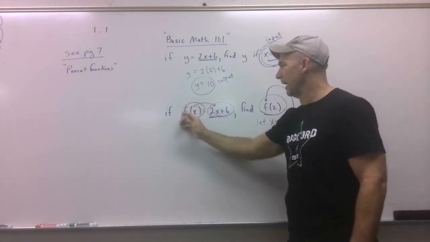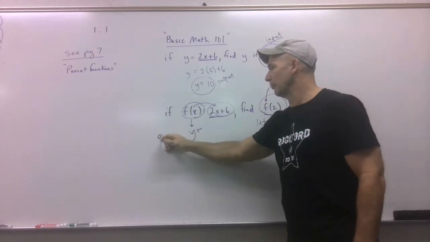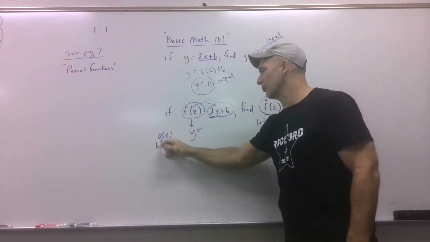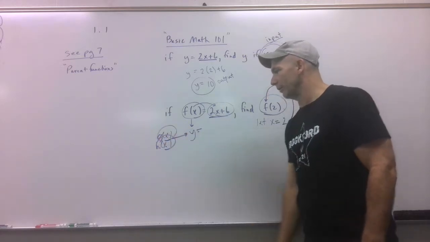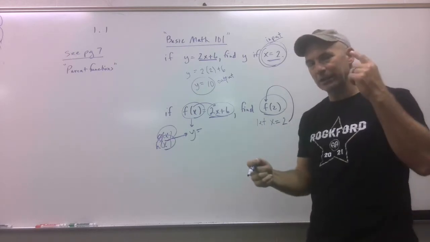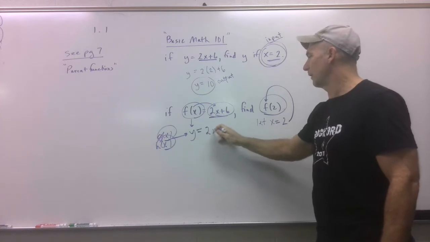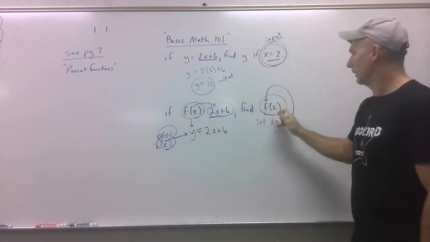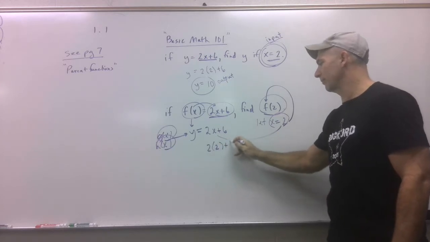So what is f of x? F of x is actually y. Now what about g of x? What about h of x? Every time you see this, feel comfortable substituting that either literally or mentally with the letter y. So this is y equals 2x plus 6. We're plugging 2 in for x. We get 2 times 2 plus 6.